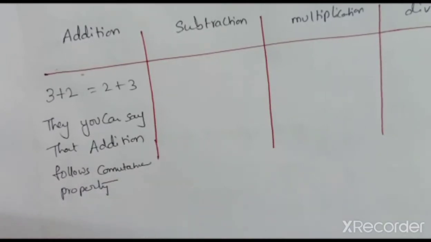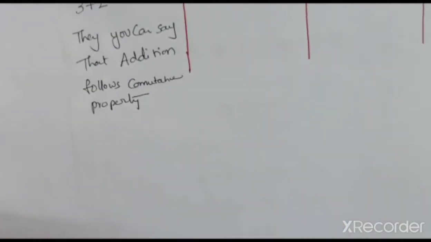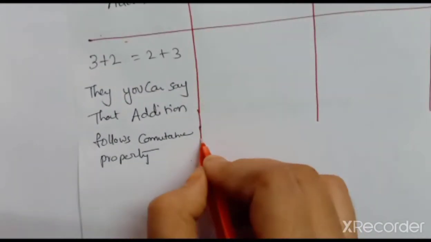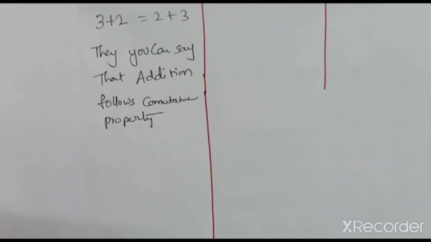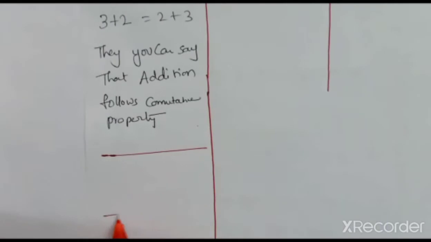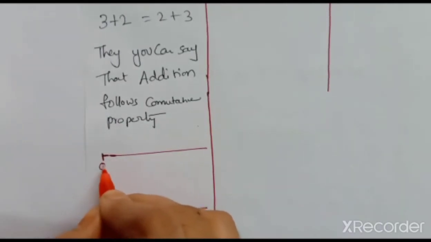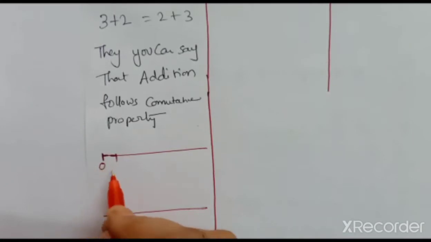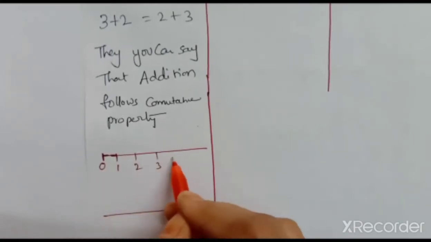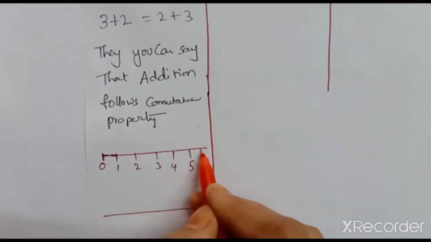Now the same thing, if you observe on the number line. Draw two number lines here. Whole numbers start from 0, so 0, 1, 2, 3, 4, 5, 6.